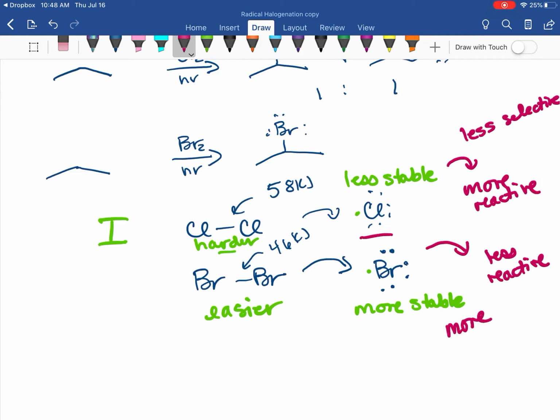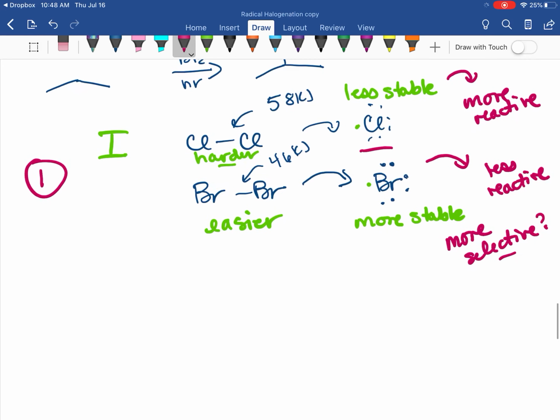It is more reactive. All right, but then bromine is a little bit less reactive, so it can be more choosy or more selective. But you're wondering, wait, Dr. A, why? What is it choosing? There's two pieces to the puzzle. Here's number one, the reactivity between your chlorine and bromine.